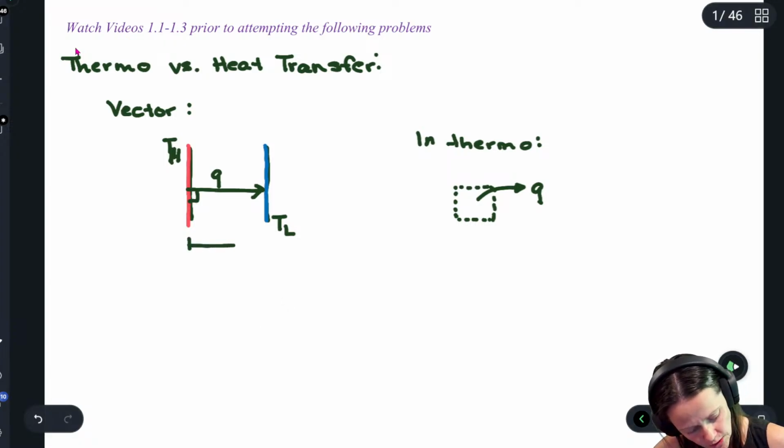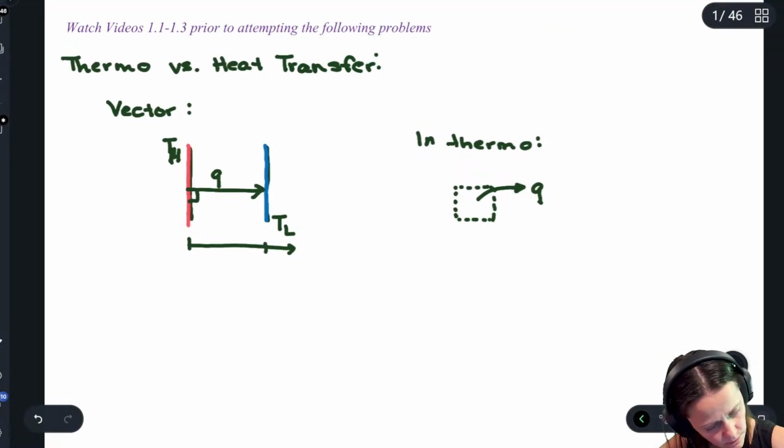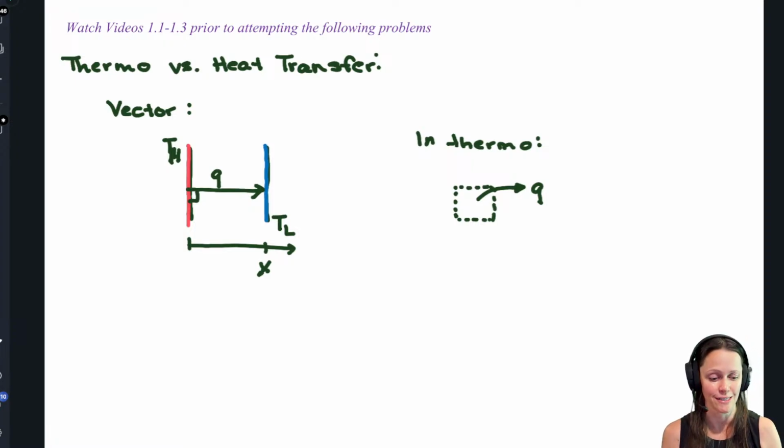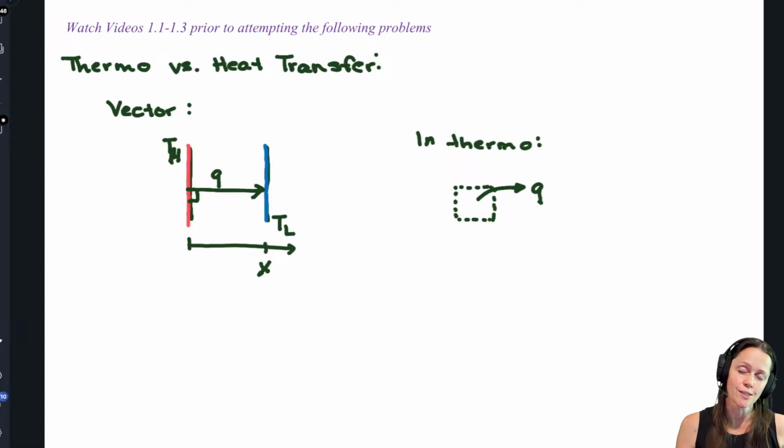And speaking of direction, it's best if you define your coordinate system such that your X is going in the direction of decreasing temperature, because that way your Q, if it's going in the direction of increasing X, is going to be a positive number.